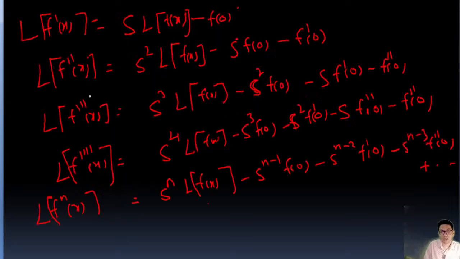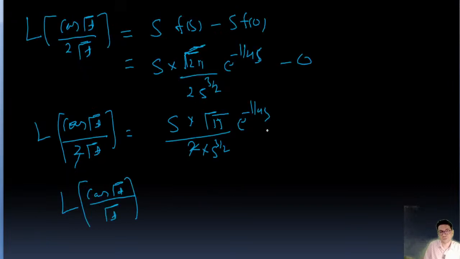This formula we have used: the Laplace transform of f dash x equals s times the Laplace transform of f(x) minus f(0). So the 2 will get cancelled, and s will get cancelled with this. This is going to be root pi upon root s, because s cancels with s to the power 3 by 2, and e to the power minus 1 upon 4s. This is the answer, guys.